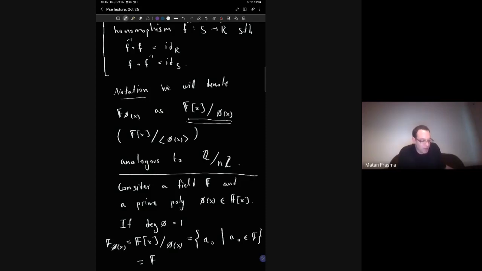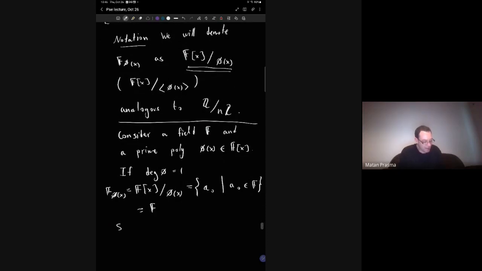I mean, we don't care about mod phi arithmetic if phi is of degree 1, and of course if phi is of degree 0, that's even less interesting. So suppose that the degree of phi is strictly bigger than 1.